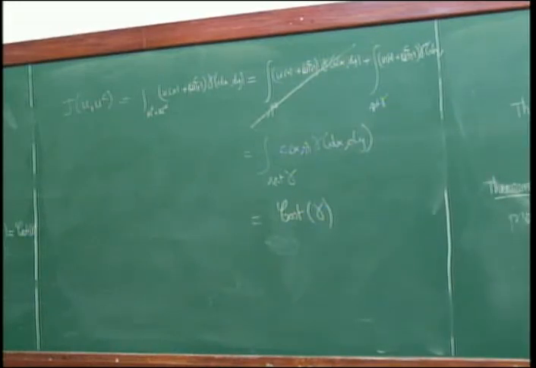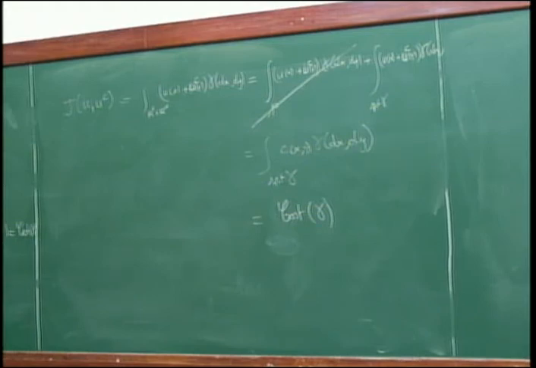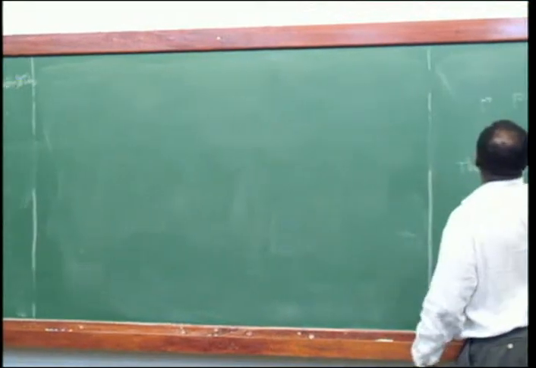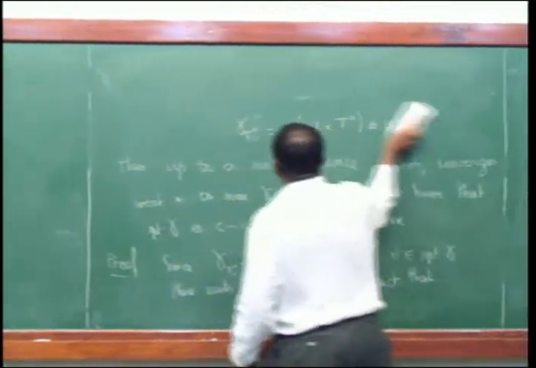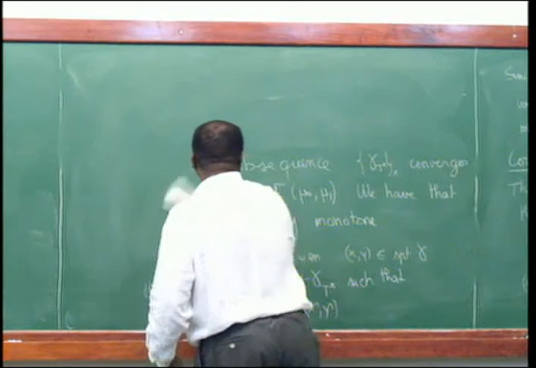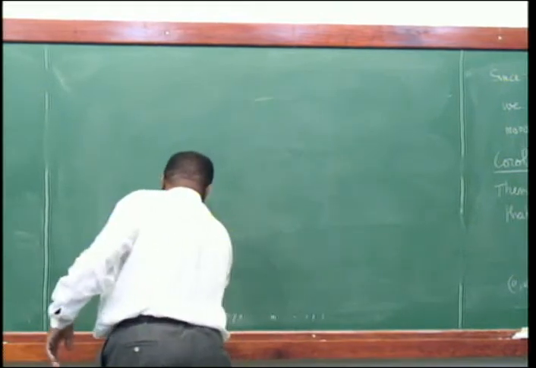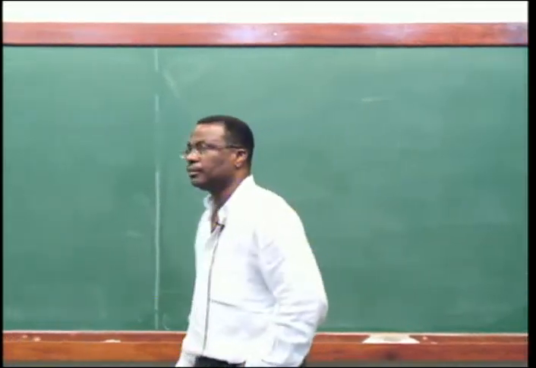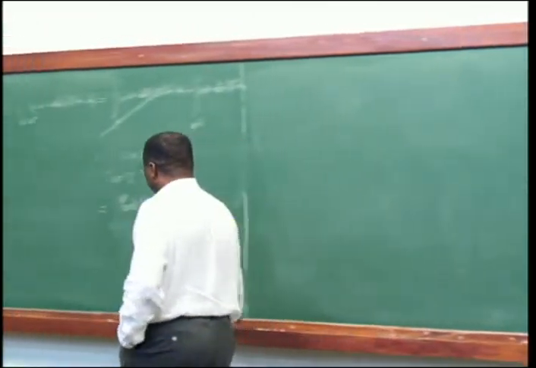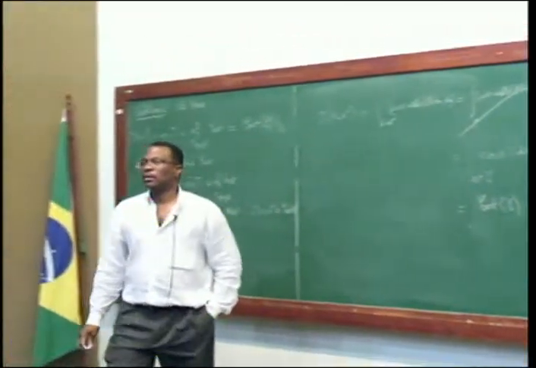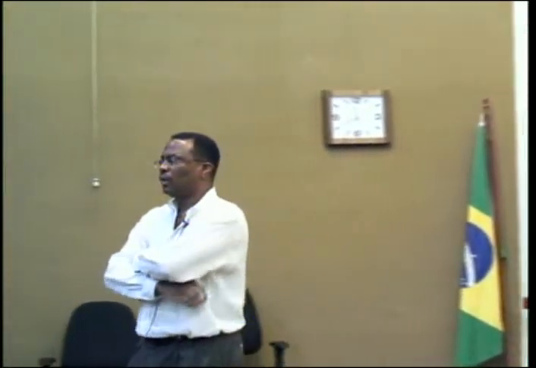So I want to show more. We proved existence of an optimal map for the Monge problem when the support of mu0 and the support of mu1 were compact. And I want to remove that condition. When the supports were compact, we showed that u is Lipschitz.